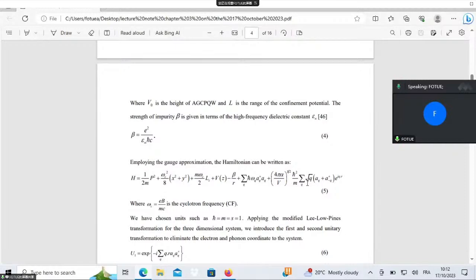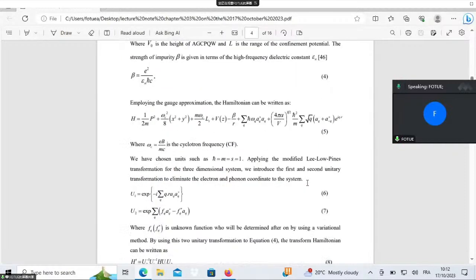If you use units where we can set h bar equal to 1, m equal to 1, and the sound speed equal to 1, and apply the modified Lee-Low-Pines transformation on this three-dimensional system, as I said before, the first Lee-Low-Pines transformation is given by this unitary transformation U1, exponential minus i sum over Q of Q dot R AQ A plus.